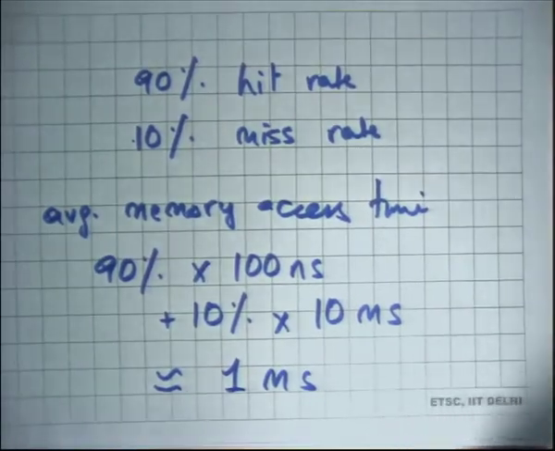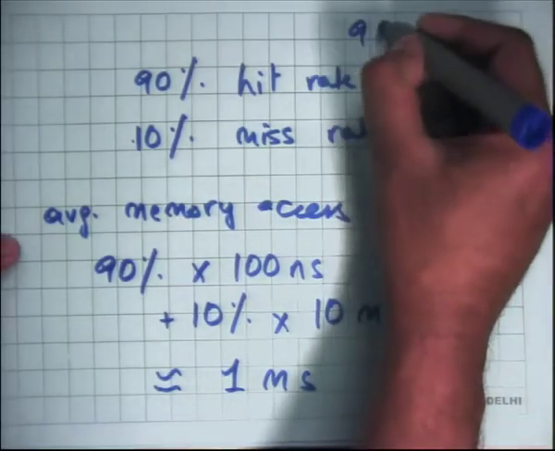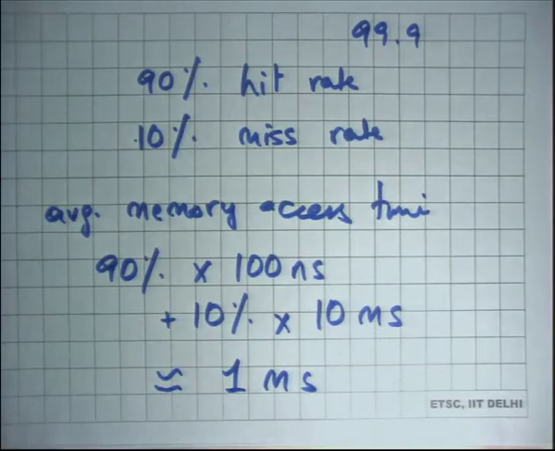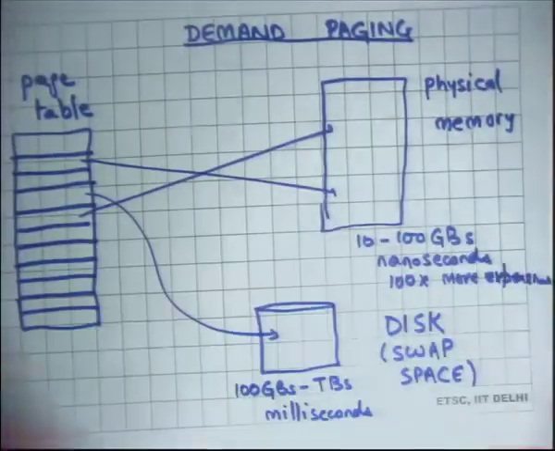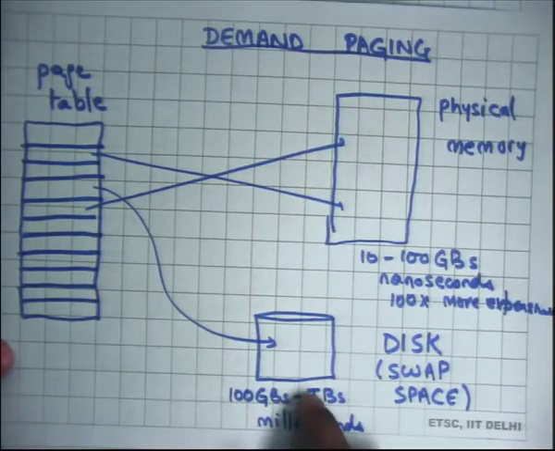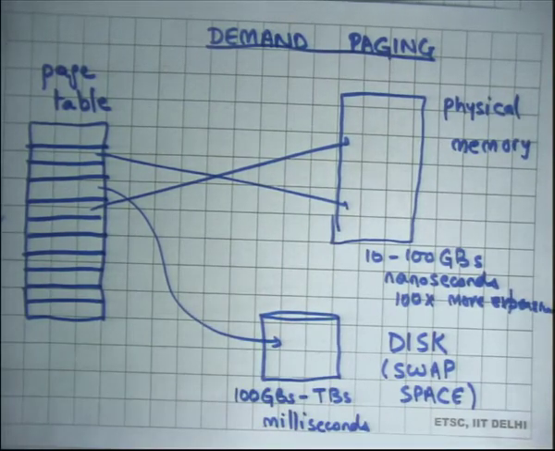What you would perhaps be okay with is something like a 99.9% hit rate, so less than 0.01% miss rate, and that will give you the illusion that you have the space of the disk but the access time of memory. Really the OS is trying to give the illusion that you have the space of the disk, which is 100 GBs to TBs, but the access time of memory.